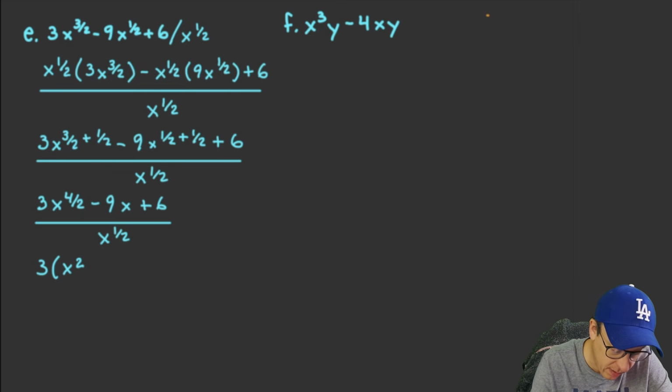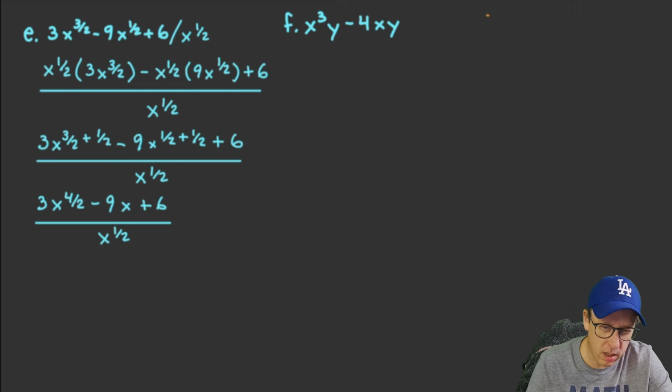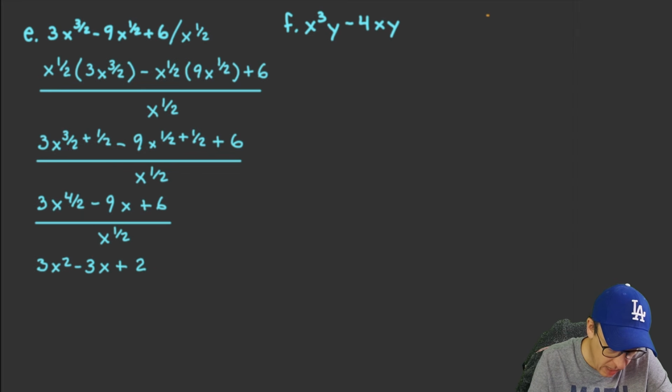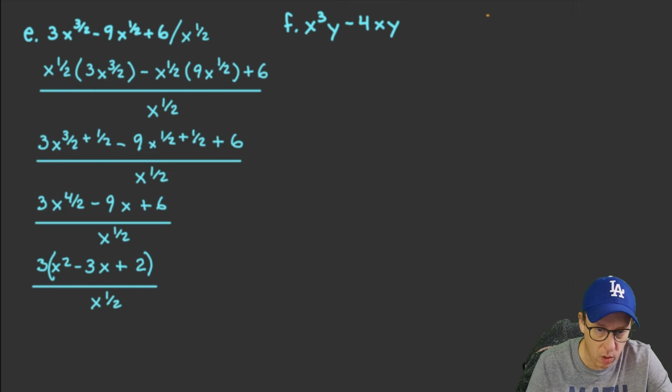Minus, I don't need that parenthesis in there. It's actually causing more problems than it's worth. Well, this will just become 3x squared minus 3x plus 2. Yeah, let's put the parentheses inside of there. And this is over x to the power of 1/2.